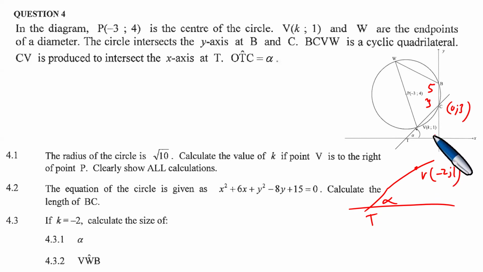And then at V, you have V as these coordinates. So we can find the gradient. This one is x1, y1 and this one is x2, y2. We solve this problem in a step-by-step manner, so we're going to find the gradient.